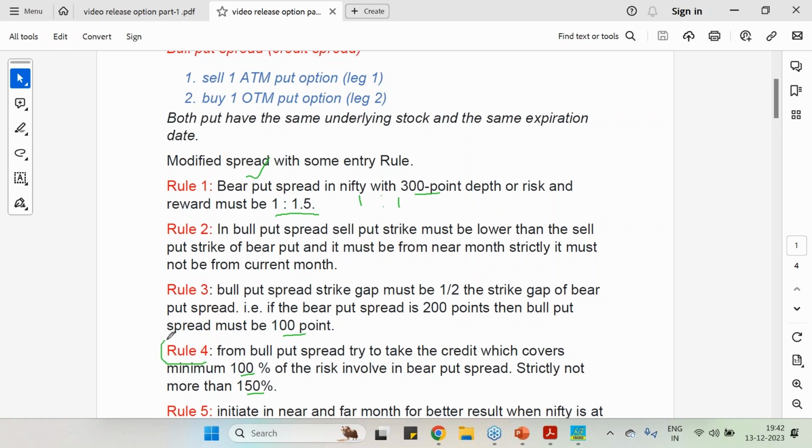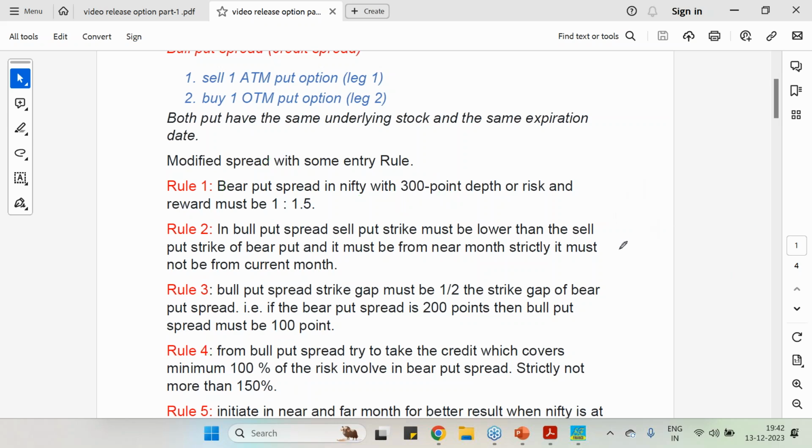Only these two rules change. There 1:1, here 1:1.5. Depth 300 points, if that is 200 points, here slightly more. And here too, credit should cover a minimum of 100%, there minimum 115%, remaining things are the same. So put option has a slight deviation.